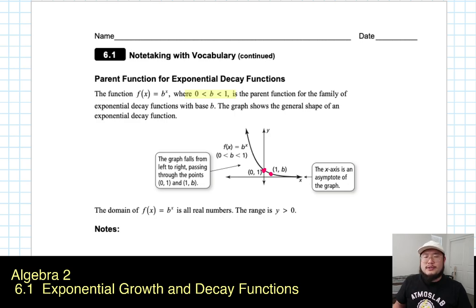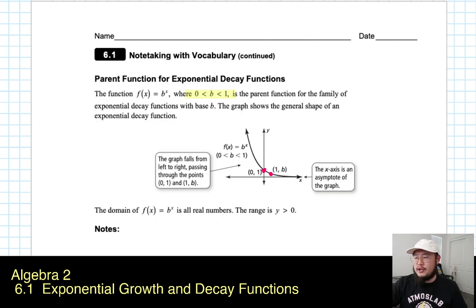What I care about most, the biggest thing is, all right, do you understand the transformations of things? What does the a value do? The changes in the b value, whether it's exponential growth or decay, knowing where does it cross along the y-axis. Those are things that you're going to have to figure out.